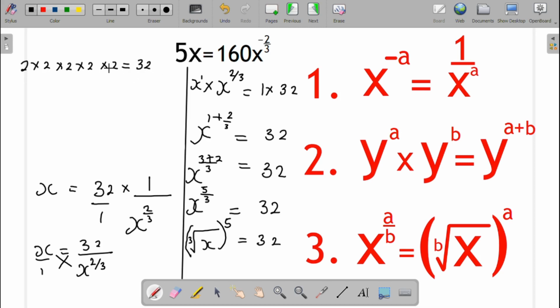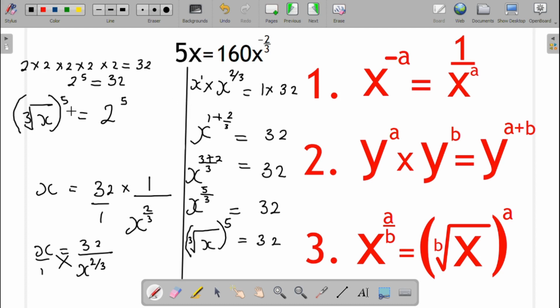In other words, 2 raised to power 5 will give us 32. Now, in place of 32, we are going to write down 2 raised to power 5. So that will be, in brackets, cube root x all raised to power 5 is equal to 2 raised to power 5.